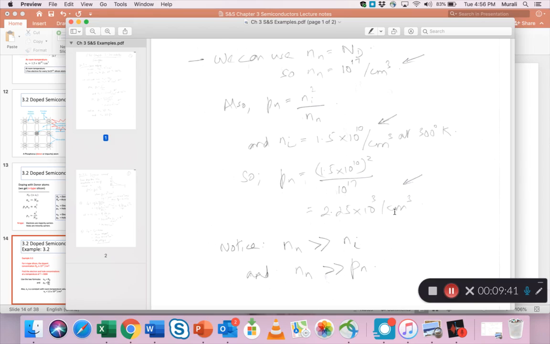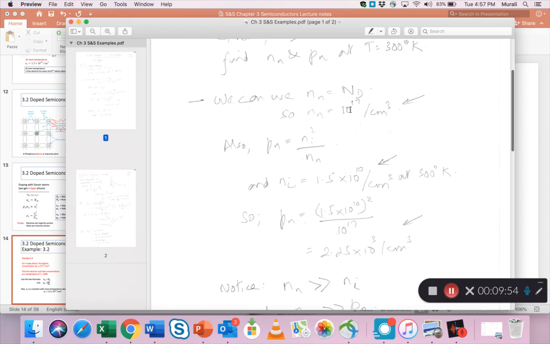Okay, last step, I say notice that the electron density after doping is much higher, right? That's because after doping it's 10 to the power 17. Before doping it was only 10 to the power 10. So it's 7 times, 7 magnitudes, not times, 7 magnitudes.